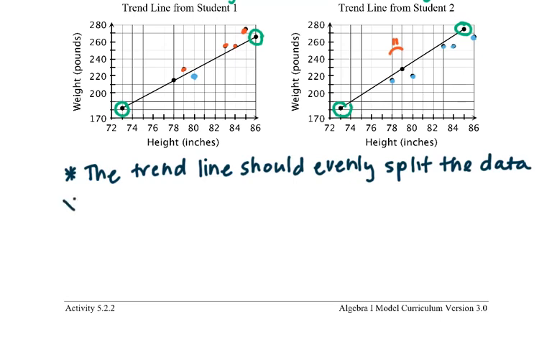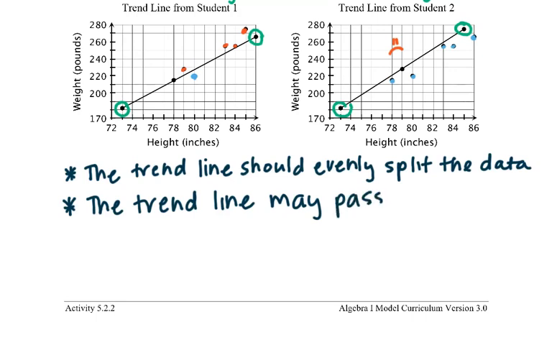Now, that being said, we're going to also add in that the trend line may pass through all points, no points, or some points.